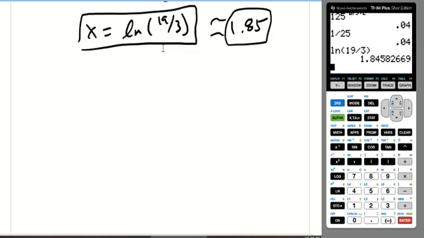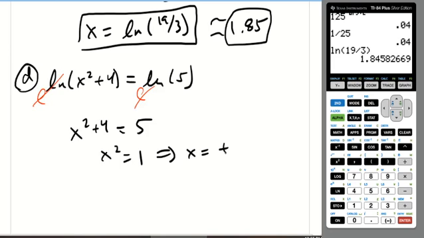So if we raise e to the power of both sides, then that will eliminate the logarithms, and it switches us to exponential form, which in this case just ends up being a quadratic equation, x equals plus or minus 1. It ends up being all of those are valid answers. Right? There are no extraneous solutions this time.